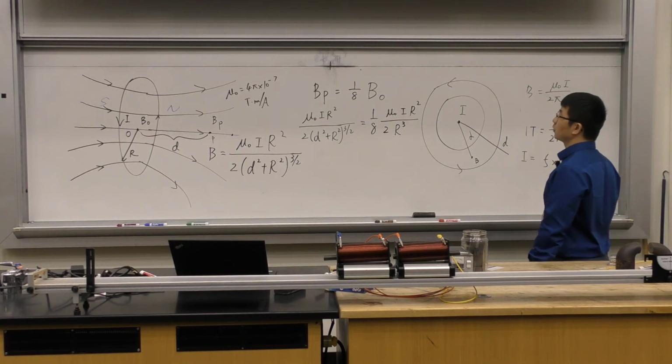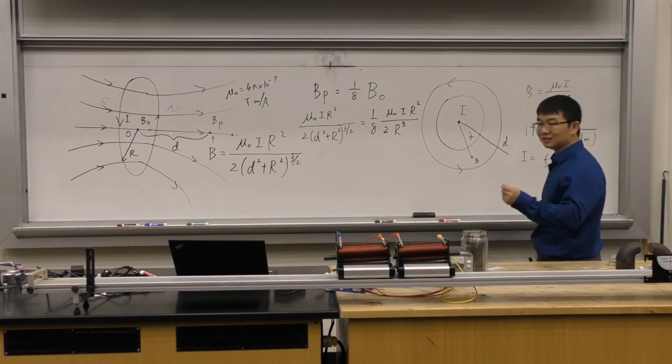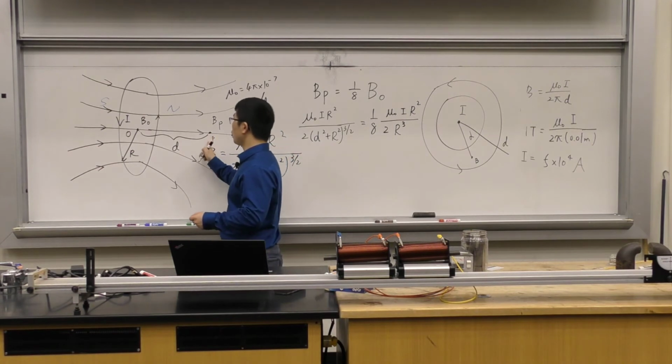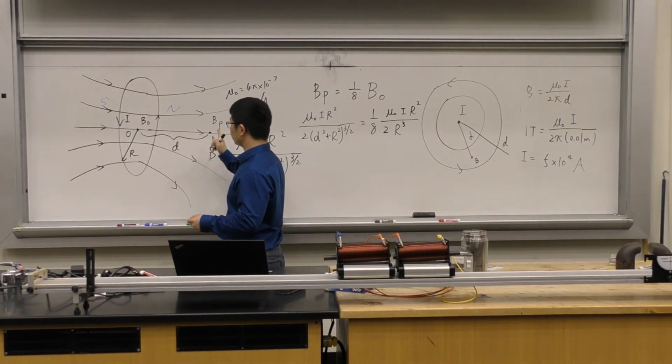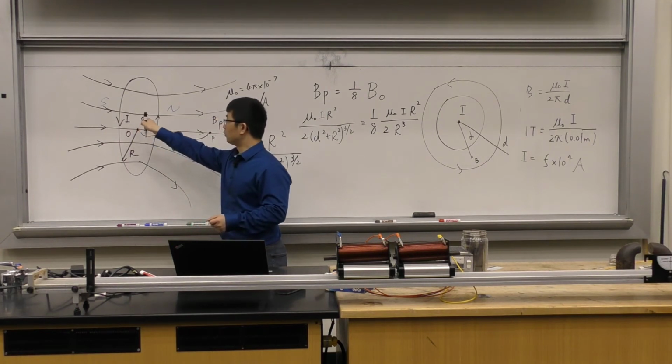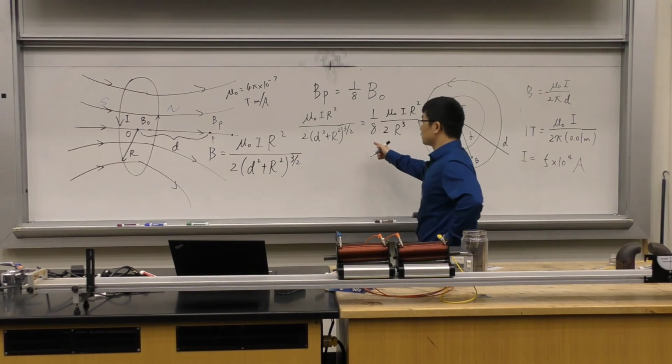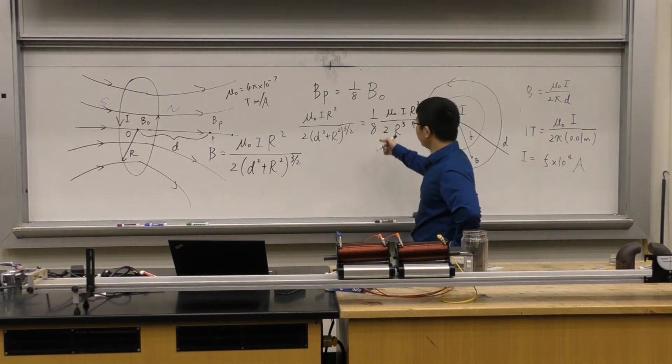Now you're going to rearrange this equation, find D. Don't forget what we're doing. We want to find D for this point P, because you don't know where this P is. You want to find where it is. So this guy is going to be only 1/8 of the magnetic field at point O. So this looks very scary, but you can cancel a lot of things.